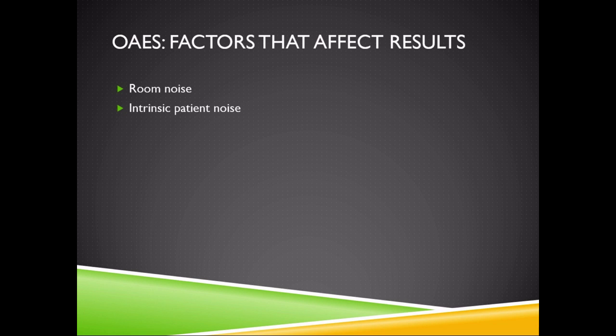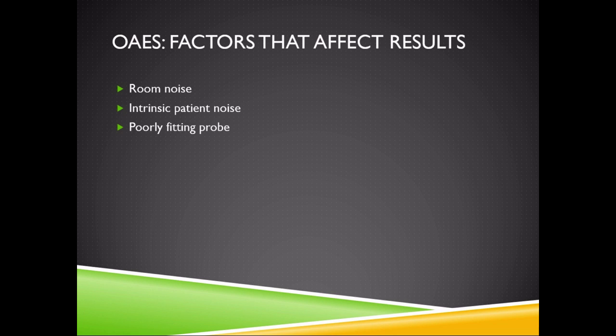So people that have a deviated septum, or people that are mouth breathers, anybody that has a very loud, audible breathing pattern, it may be difficult to get otoacoustic emissions because the intrinsic patient noise is very high.